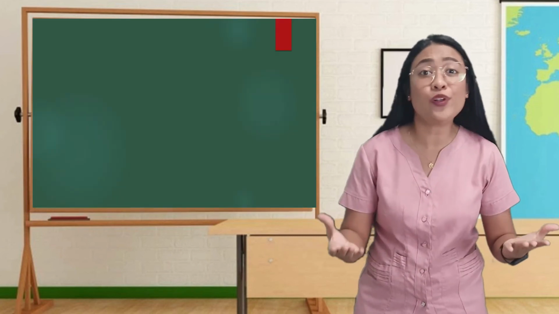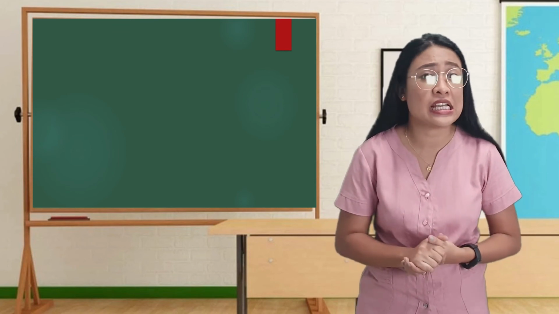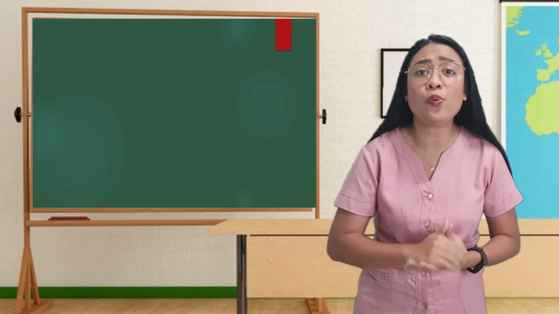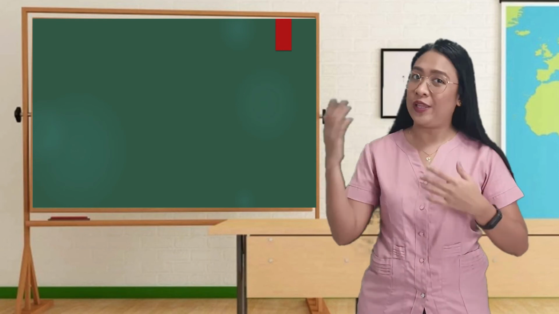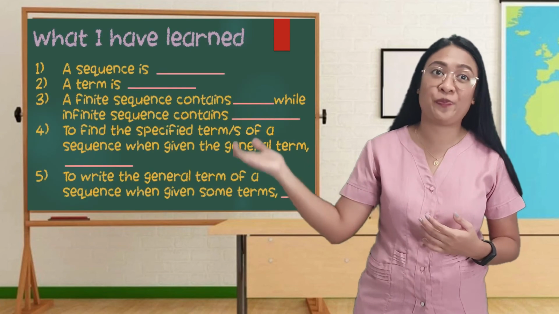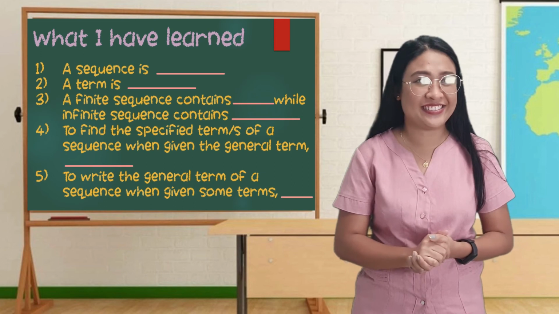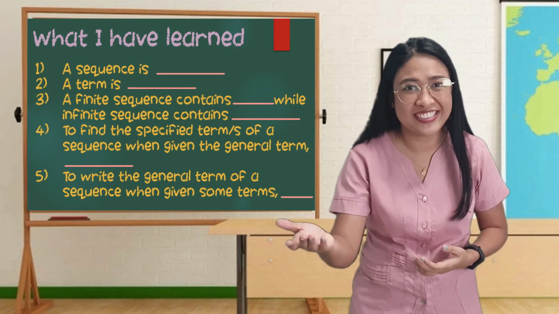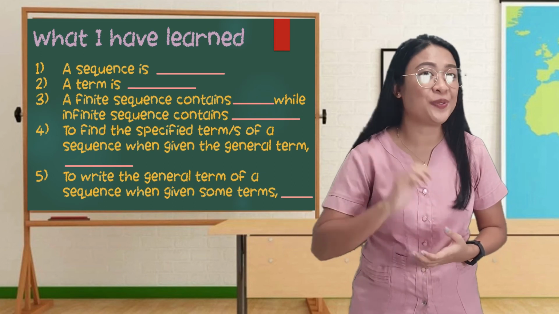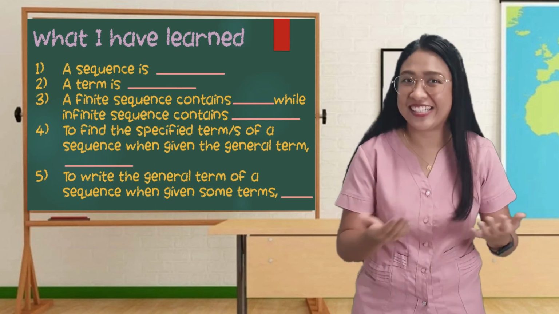To ensure your full understanding of the concepts related to generating patterns, it is important that you are able to complete the following statements. Write your answers in your notebook. Number 1, a sequence is blank. What is your answer? Number 2, a term is blank. What is your answer?